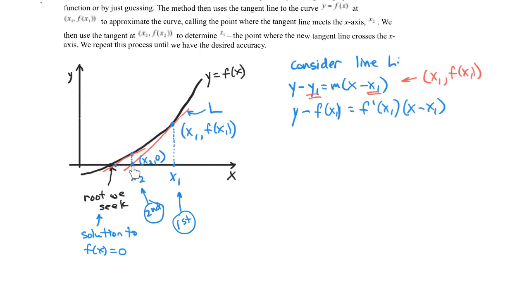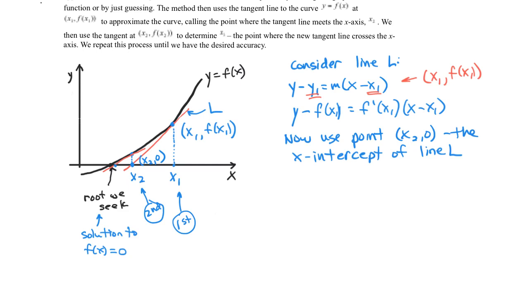So if this point here, x sub 2, 0, is on that line, then we should be able to plug this in for x and y, and we'll get a true statement. So we'll make a note of that real quick. Now use point x2, 0, which is the x-intercept of this line L.